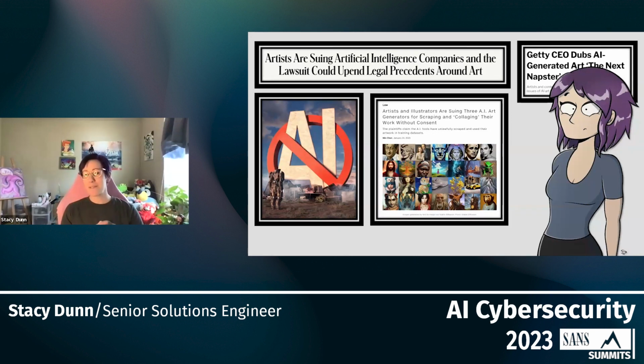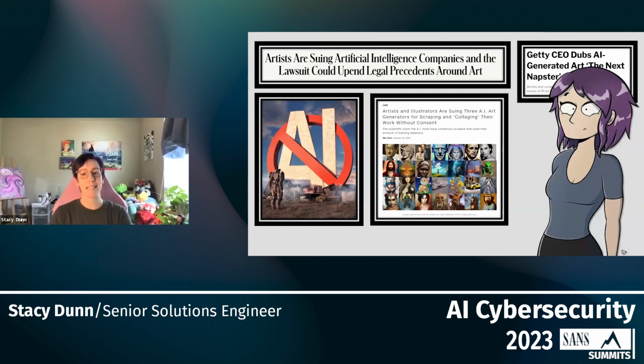Y'all remember Napster and how that revolutionized the music industry? While these circumstances aren't the same, they do have a similar precedence. Stability AI, DeviantArt, and Midjourney are all involved in class action lawsuits that have been brought upon by several different artists that allege that the company's use of AI does violate their rights and the rights of millions of artists.